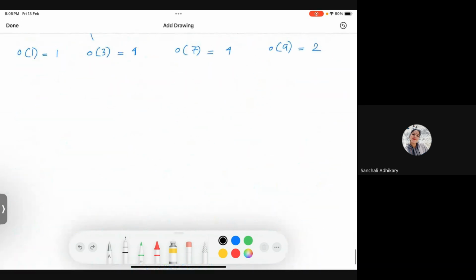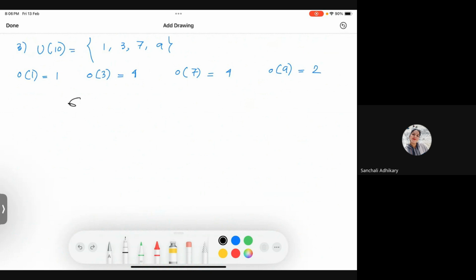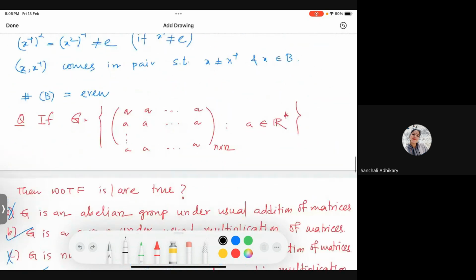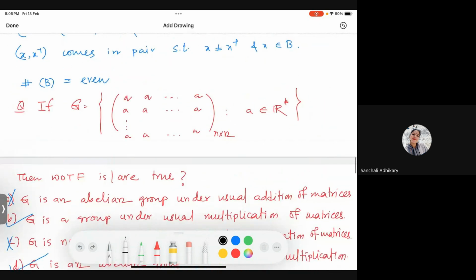Oh, there are lots of things. Order of G is finite. So I am asking, do you know what is the, okay, wait. First see these things. This question.